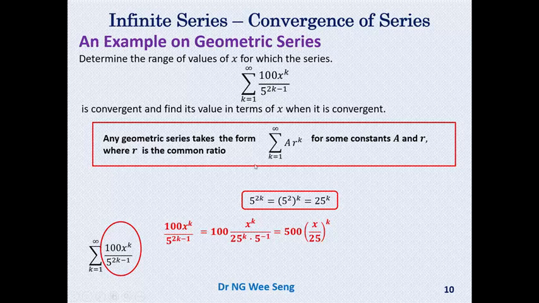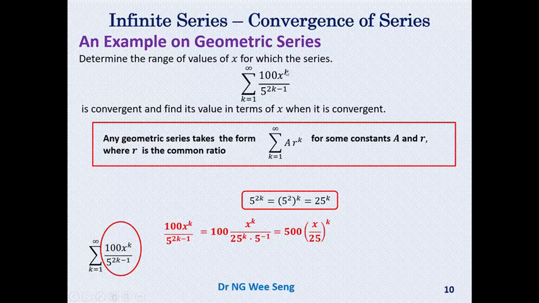We end the video with an example on geometric series. It's not immediately clear that this is a geometric series, but if we keep in mind that a geometric series will always take this form, then all we have to do is to try to express the given sequence in this form. And we'll do some algebra. First of all, 100 is a constant, so we focus on those with a k.